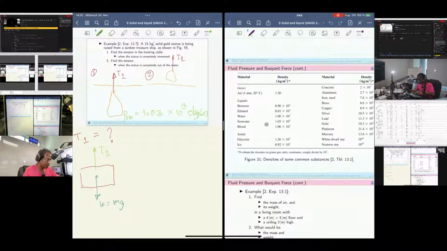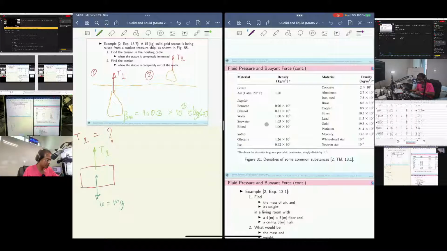Let's open another page. So T1 equals m minus rho of seawater times the volume of the statue, times the gravitational acceleration on Earth.